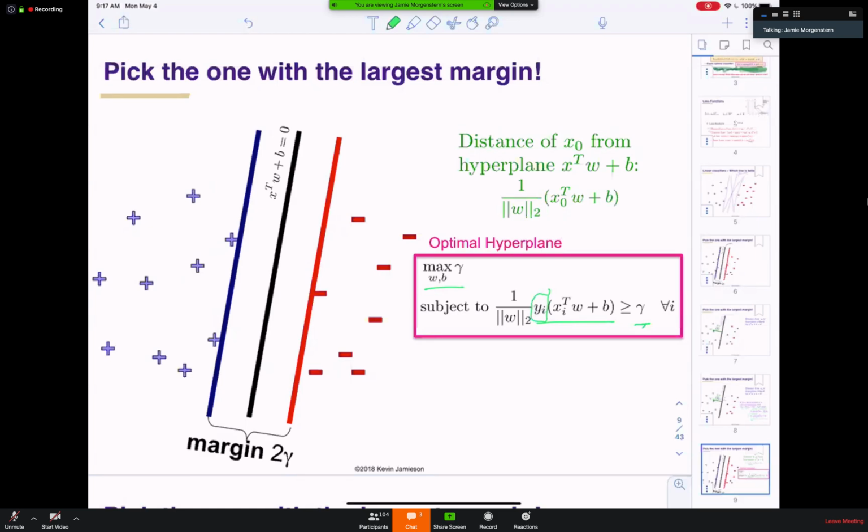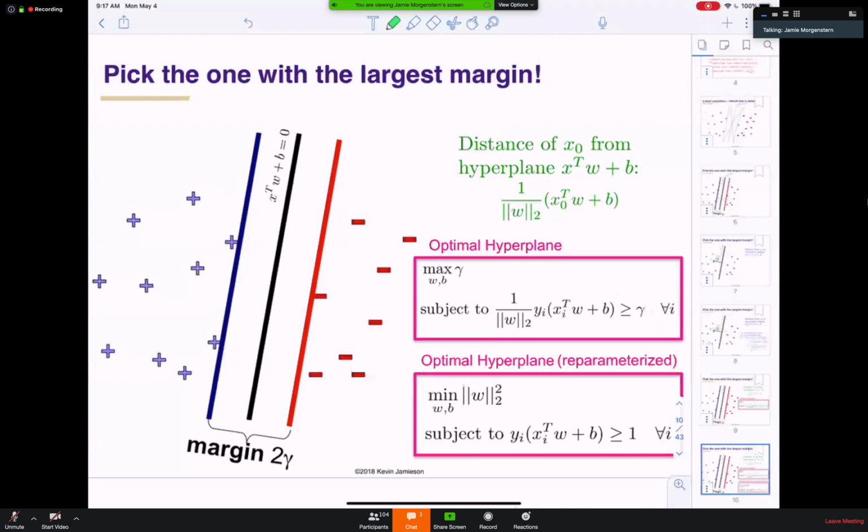Okay, so before we do that, let me make one quick reparameterization. This term is a little funky. One thing we can do is reparameterize it.